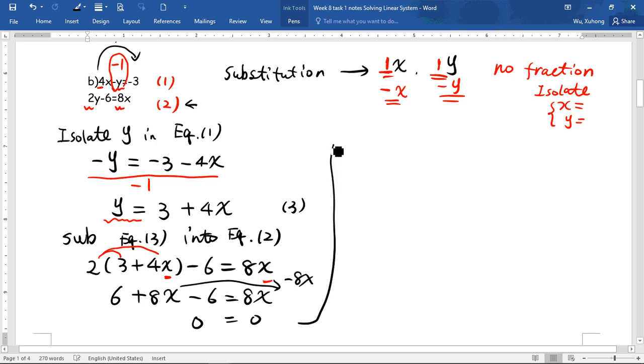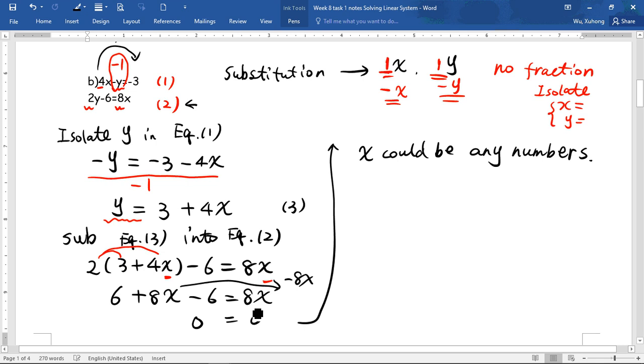So it means x could be any number. Any x value you put here, the equation will be true.